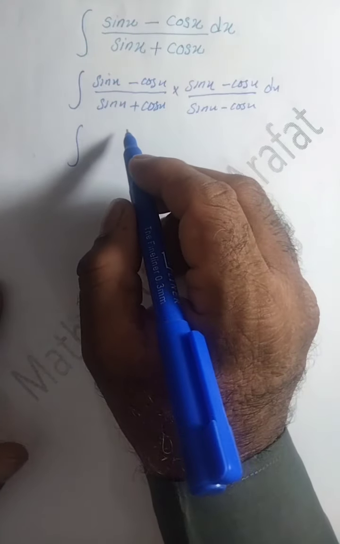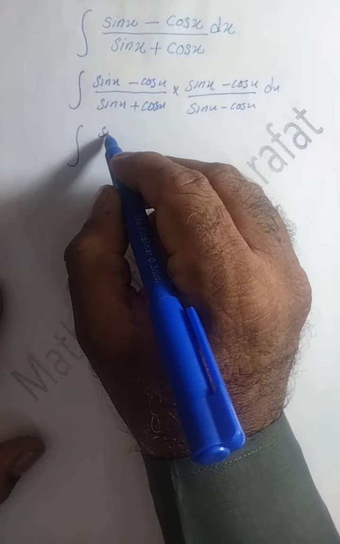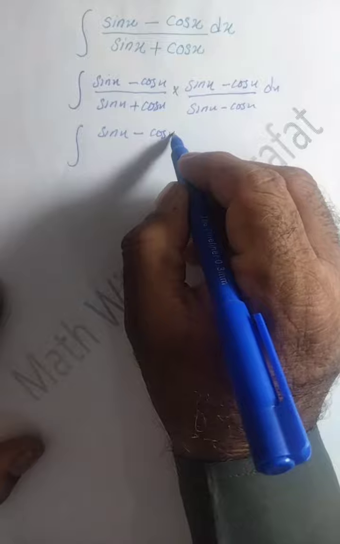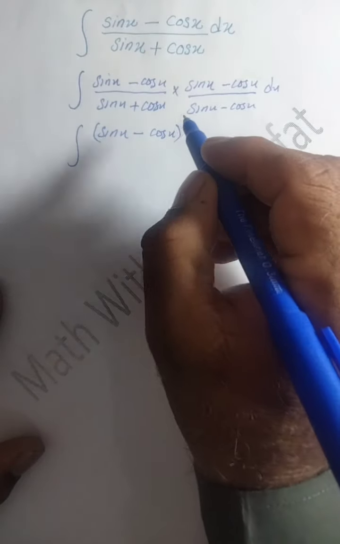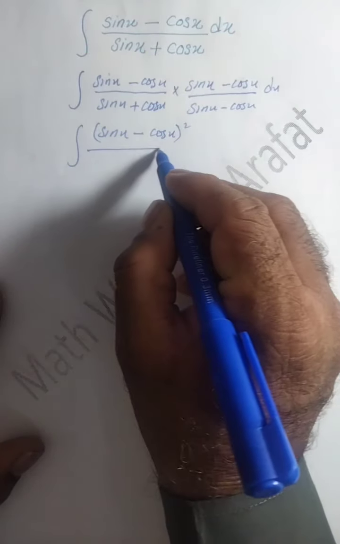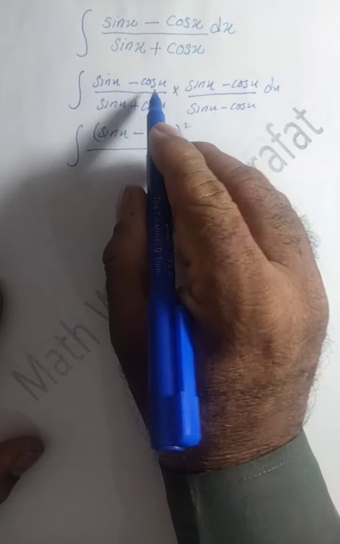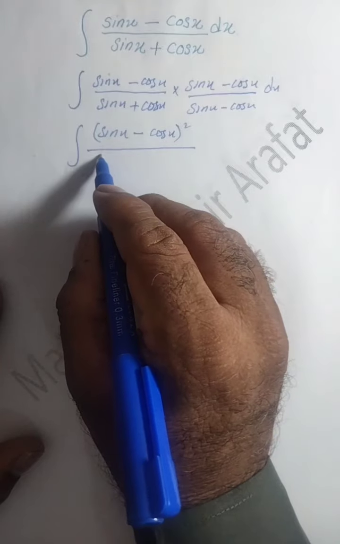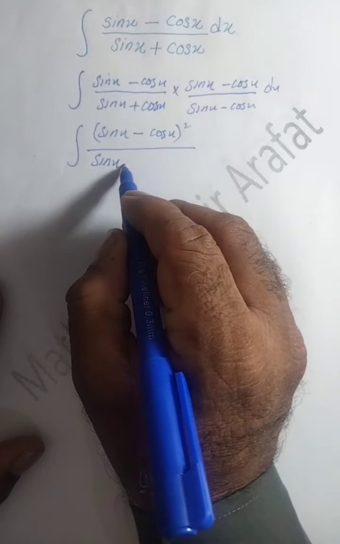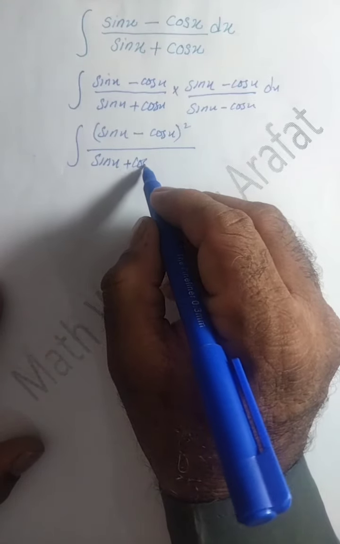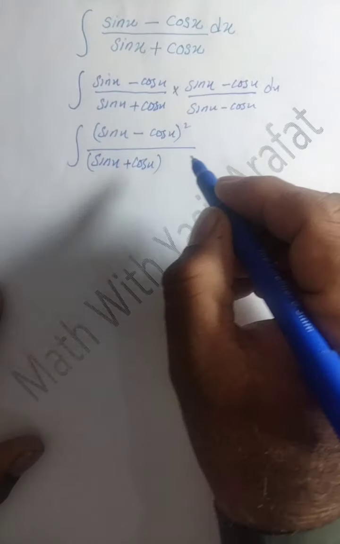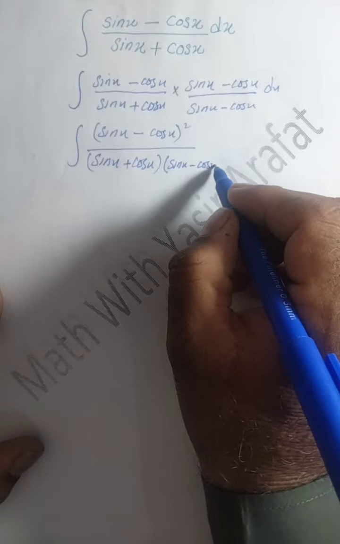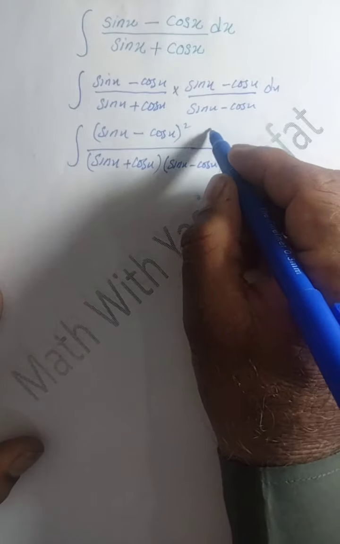So here, in the numerator, sin x minus cos x to the whole square, and in the denominator sin x plus cos x times sin x minus cos x, of dx.